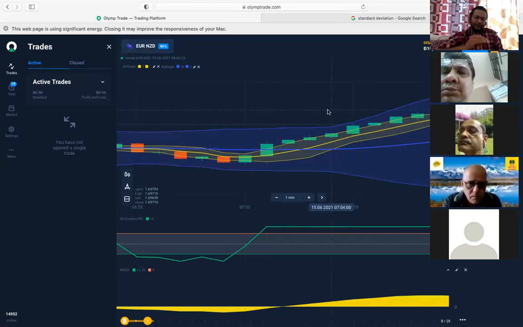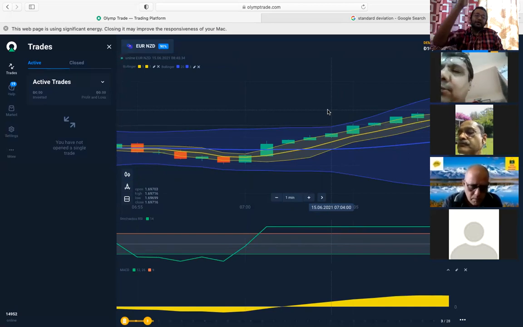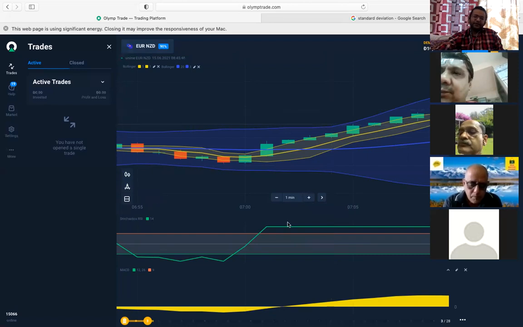When the candle close is beyond the standard deviation 1 line, and it is not too near to the standard deviation 3 also. Okay, same time standard deviation 3 is also curving in the same direction. Stochastic RSI is either in the overbought or oversold, depending on what kind of trade you are looking at.